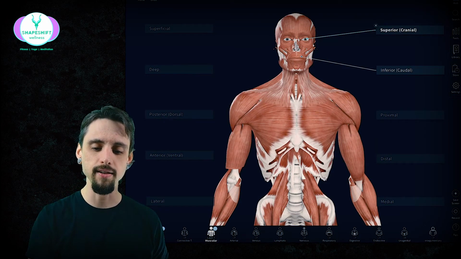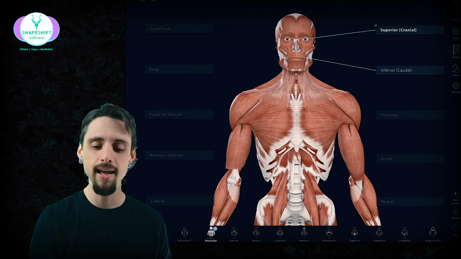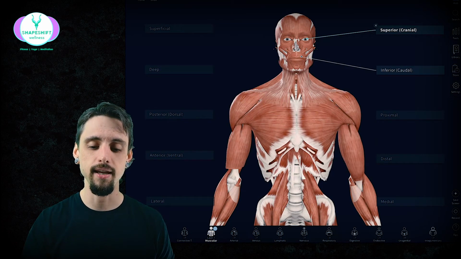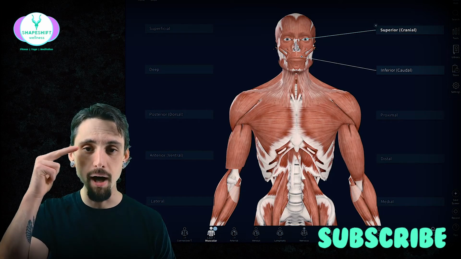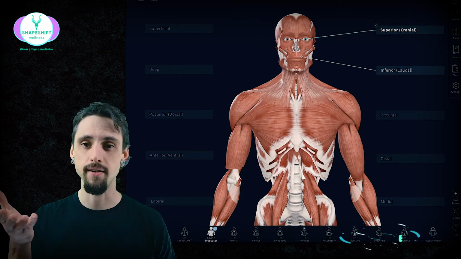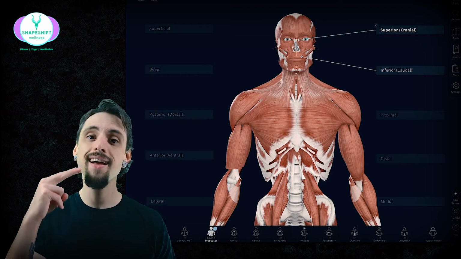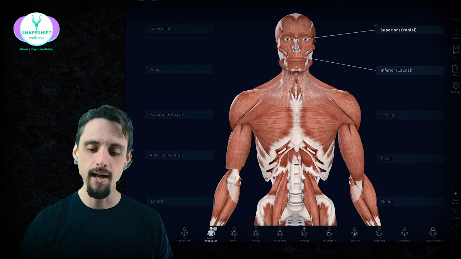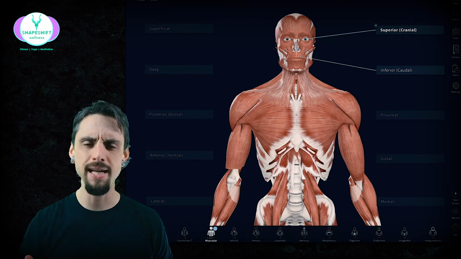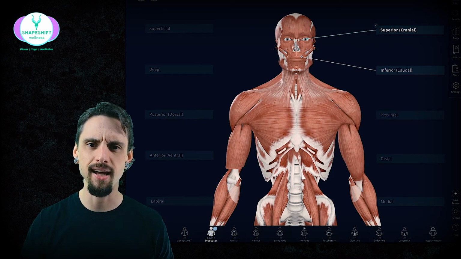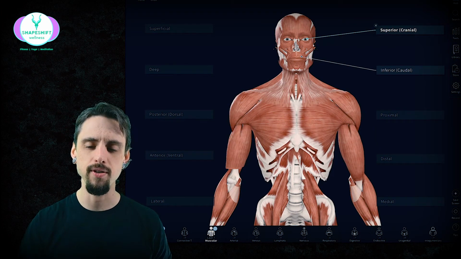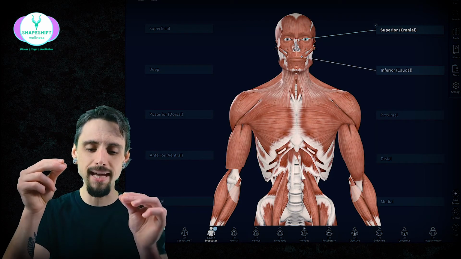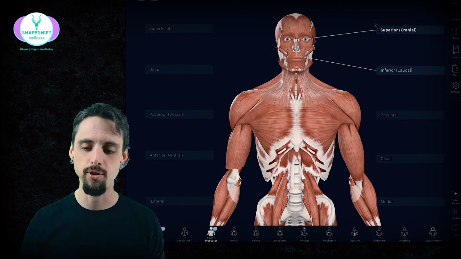In this case, they're pointing to the eyes and the mouth, and the eyes are superior to the mouth. The eyeballs are above the mouth. The opposite would be to say that the mouth is inferior to the eyes. Again, this has no meaning of good or bad as we use it in common language. This is literally a description of two things in space and where they are in relationship to each other.